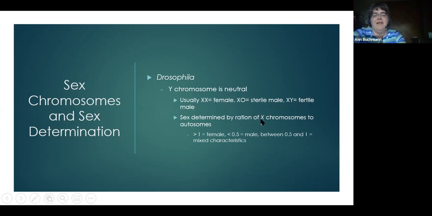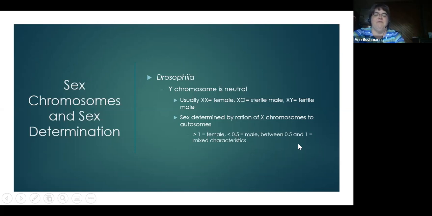And actually, when they played around with the genetics of fruit flies even further, they found that it's really the ratio of the X chromosomes to the autosomes that determines the sex. If you've got more than one X for every set of autosomes, it's normally a female. If you've got less than 0.5, it's male.